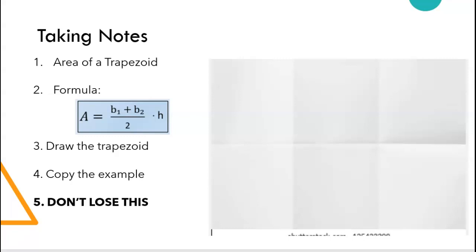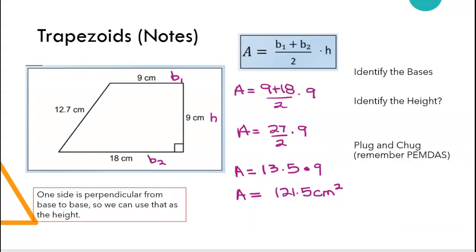Okay, now that you have your notes all taken care of, let's do a couple of examples. We have two different bases, remember. We have base 1 and base 2.